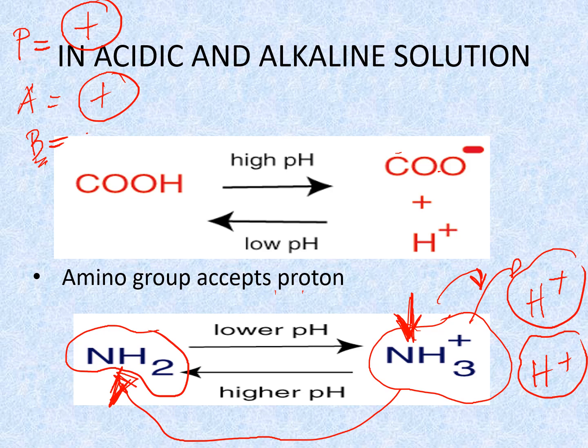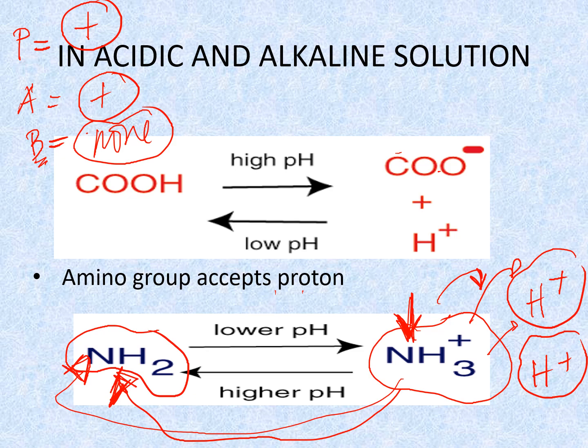And what will happen to the NH3 plus once you let go of the proton? It will now become your NH2. So in this sense, if your amino group is exposed to a basic environment, it will never carry a charge. So kindly take note of this one.